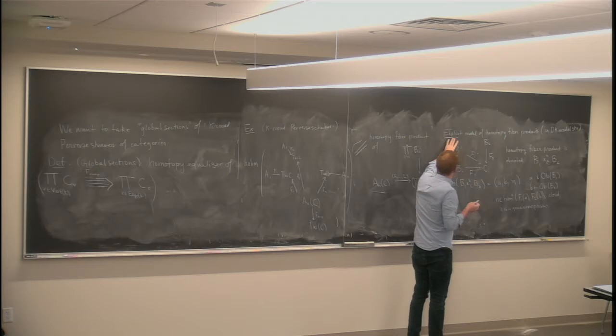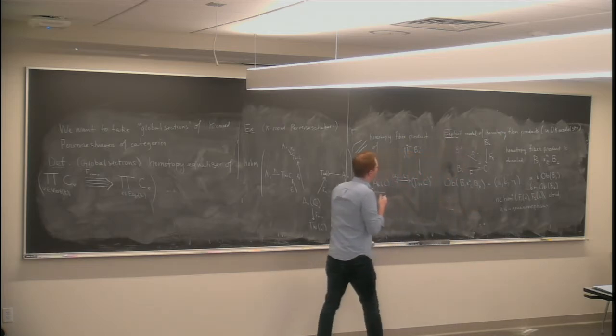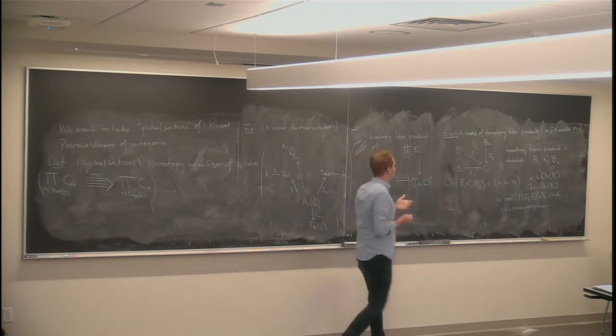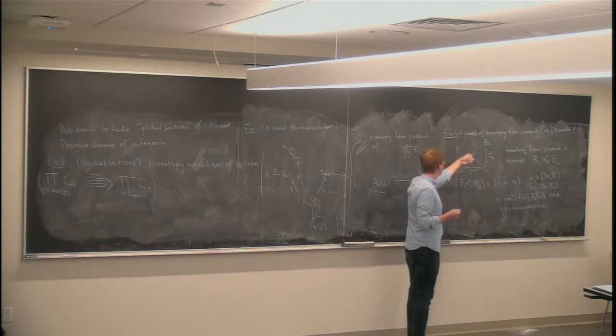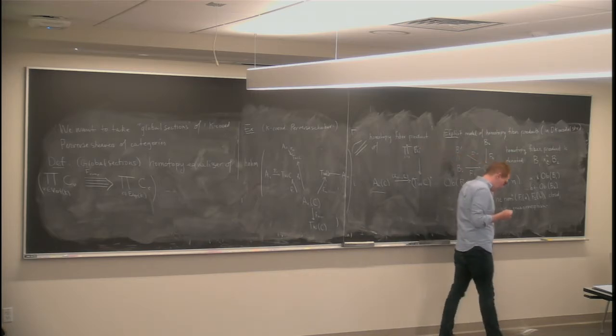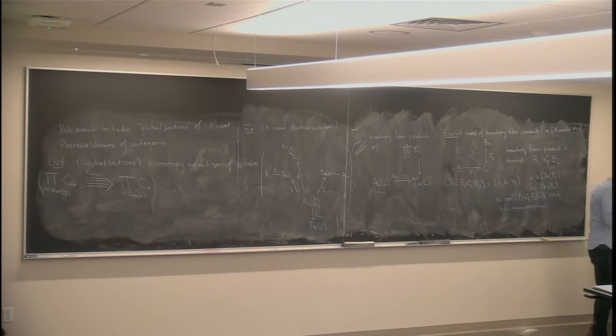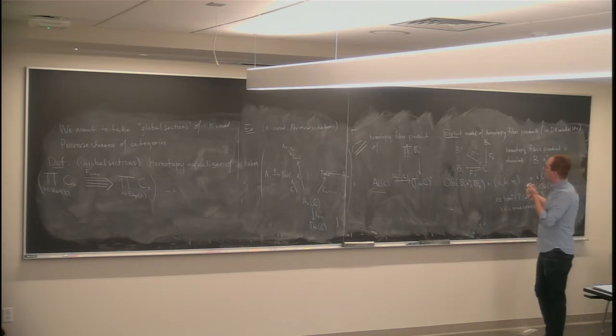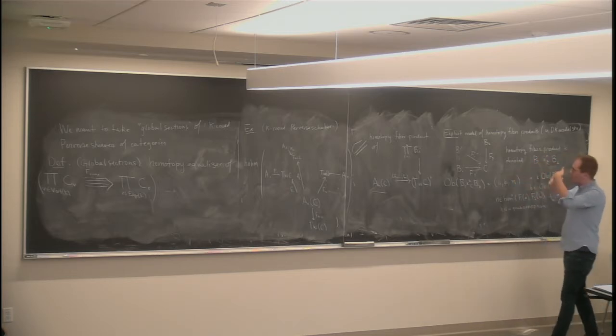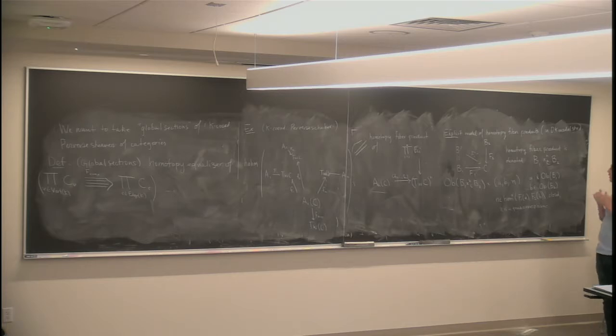We want to live a little dangerously. We want to let ourselves choose different models for different categories and different functors. So it's really important that we allow this freedom, which is why we use the homotopy fiber product instead of just fiber products.